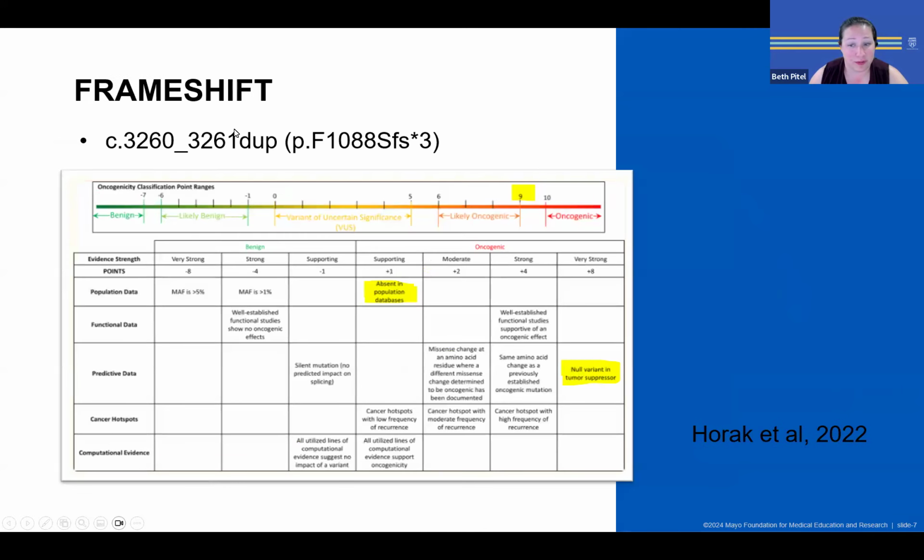Whereas a frame shift is a null variant in a tumor suppressor, which gives it some very strong evidence moving toward oncogenic, as well as being absent in population databases. And so we kind of see that the different variants alone have different classifications.